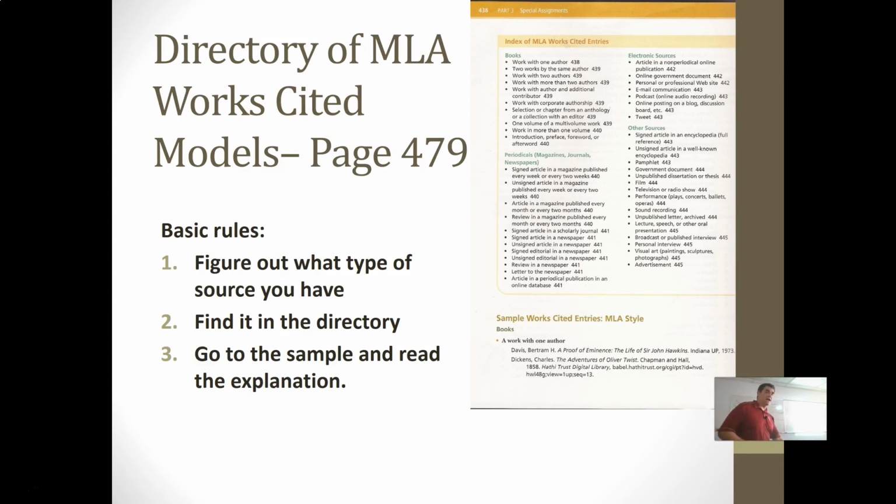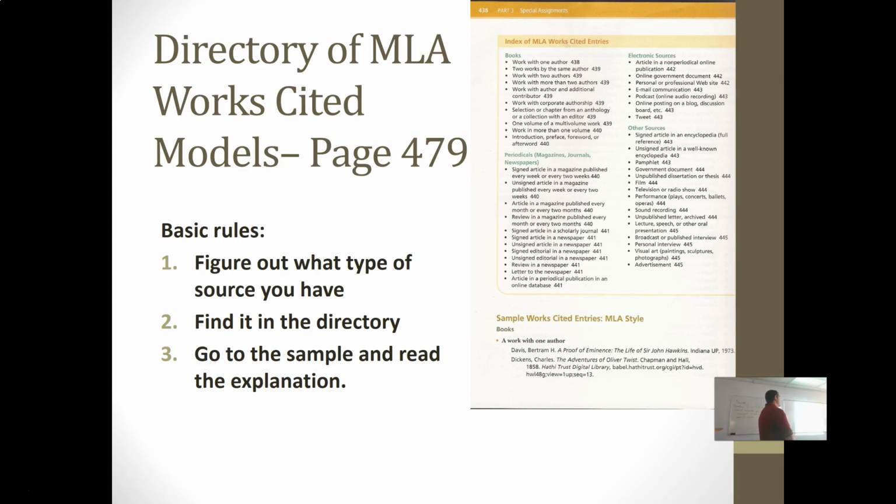Now, to get a directory in that file that I gave to you of examples of the various types of citation, see page 479 of the English 101 book, okay? You can say, okay, I have a website with one author. You can look down that table of contents, find which one you want, and go to the page that has your example.